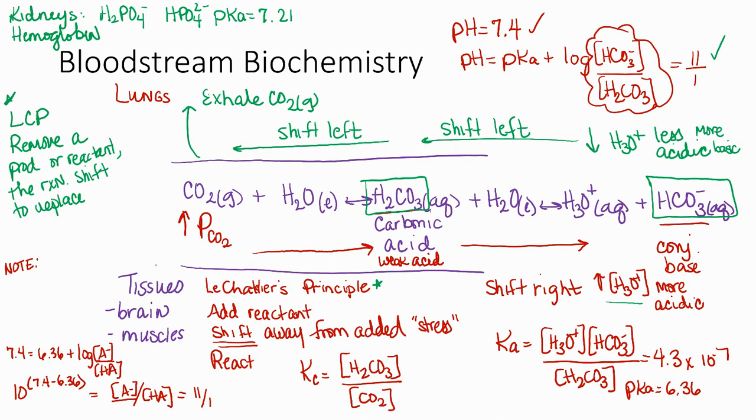Do you see how that is going to be adding a base to neutralize excess acidity levels in the blood? Okay, so this is a super important discussion, and it's one that we'll build upon as we keep moving forward and then eventually tie hemoglobin into all this. So I'd really like you to learn this really well, and for sure it'll be on your first exam.